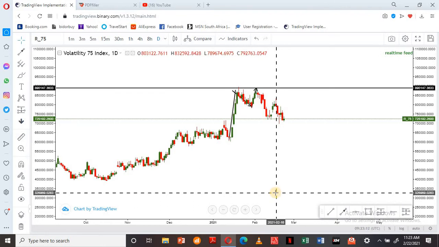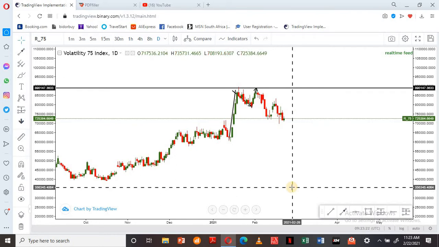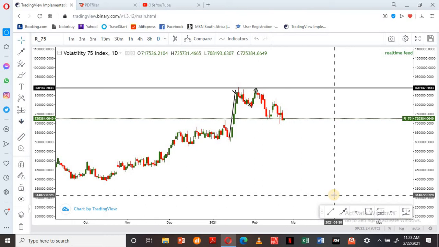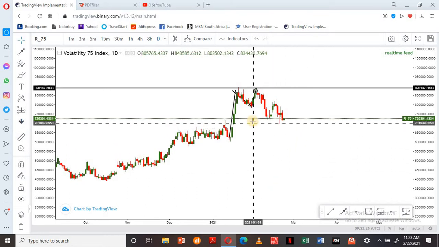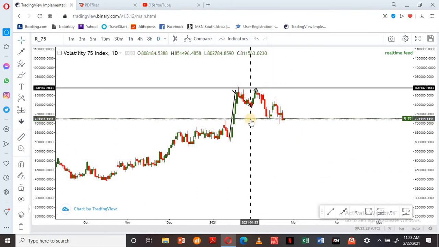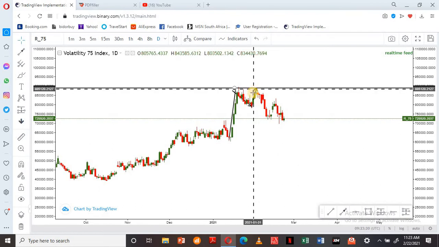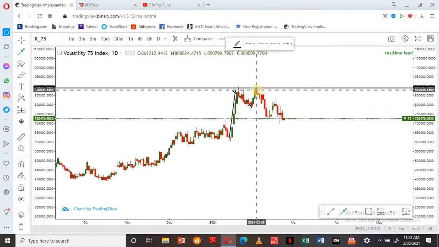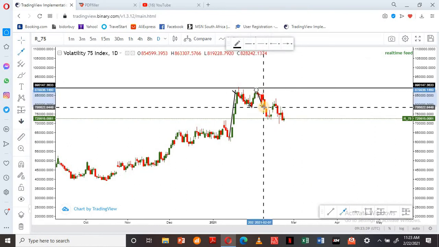If you trade these levels, you have to be patient with yourself, and sometimes not taking trades is part of trading. So we can see the market went up and came here to retest our previous level of resistance, forming an M formation, and it came down.